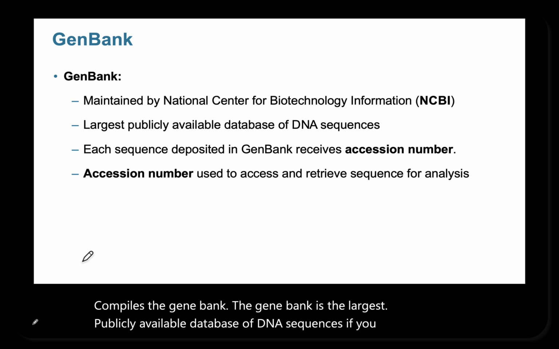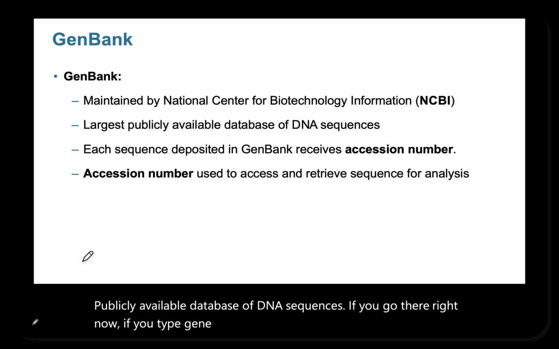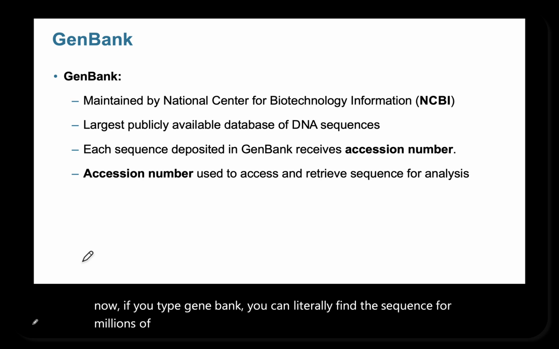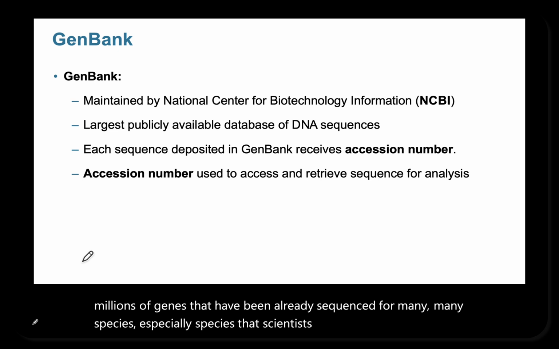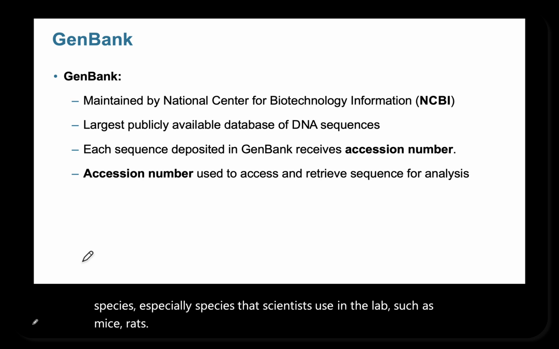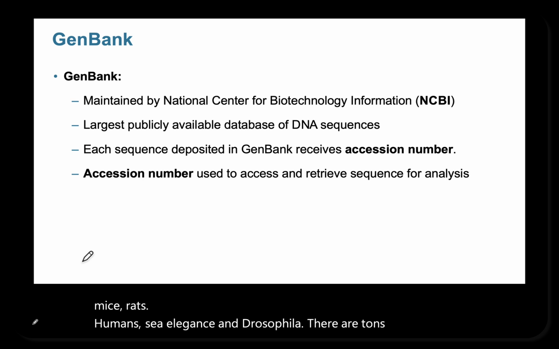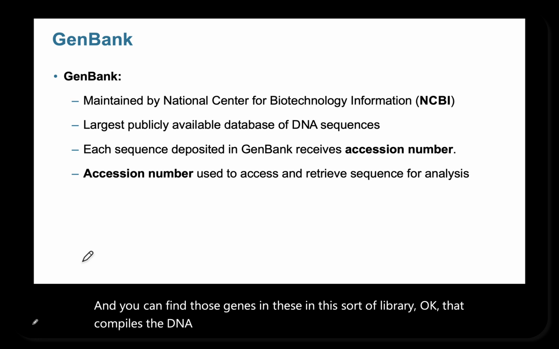If you type gene bank, you can literally find the sequence for millions of genes that have already been sequenced for many species, especially species that scientists use in the lab, such as mice, rats, humans, C. elegans, and Drosophila. There are tons of genes already sequenced, and you can find those genes in this sort of library that compiles the DNA sequences of those organisms.